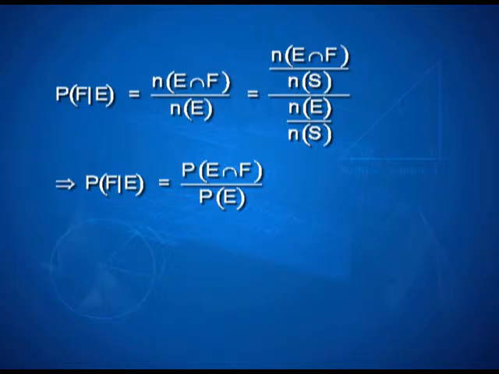It is the same as the probability of E intersection F divided by the probability of E. If you know each one of them independently, take the quotient and you have the required quantity.